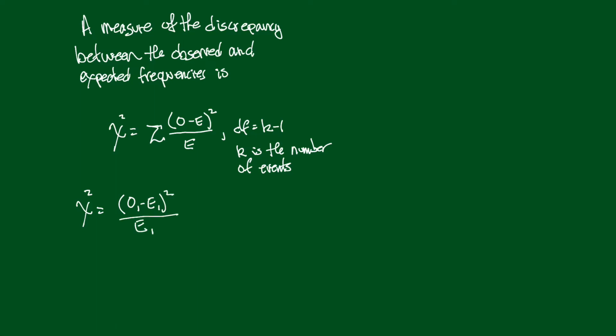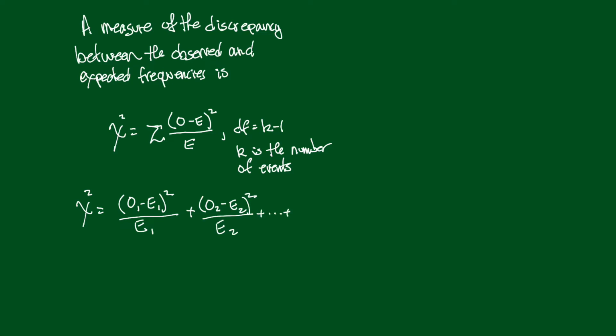This is the number that you observe on the first trial minus the number you expect on the first trial, squared, all over the expected number on the first trial. Then plus O2 minus E2, that squared, all over E2, plus and so on.